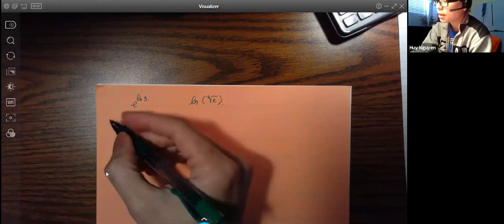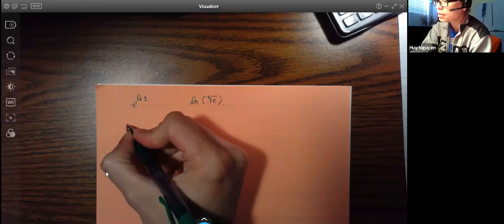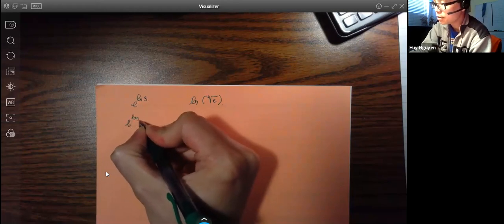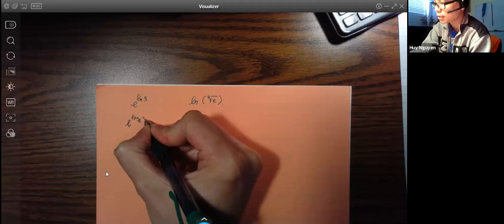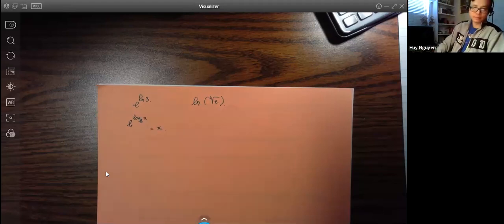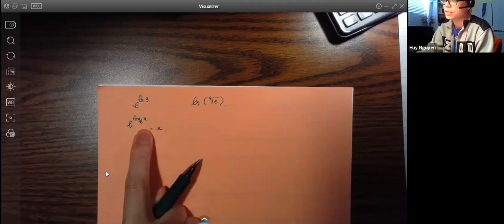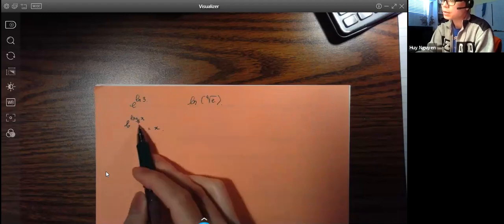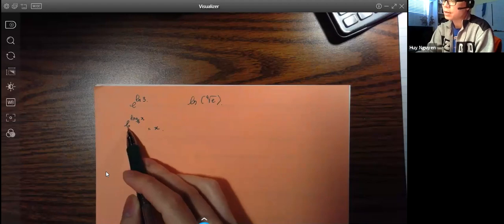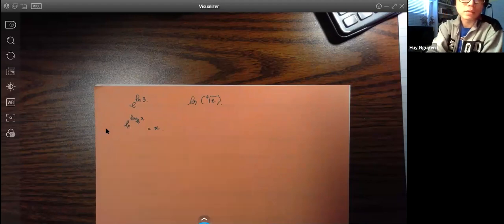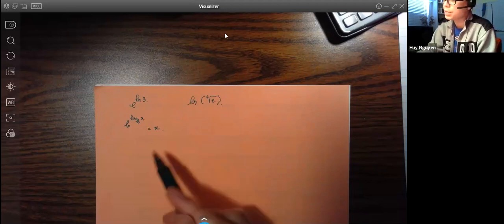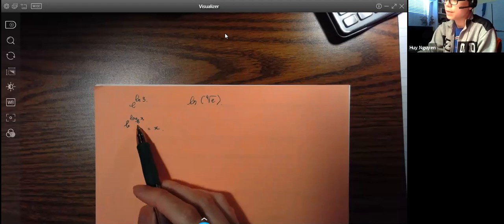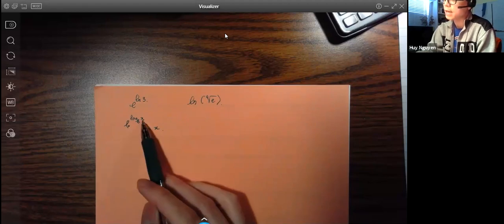This one: b raised to log base b of x equals x. You see the whole log is considered the exponent, and the b over here is the base of the power. The b and the b are the same, so all you have for the answer is x itself.